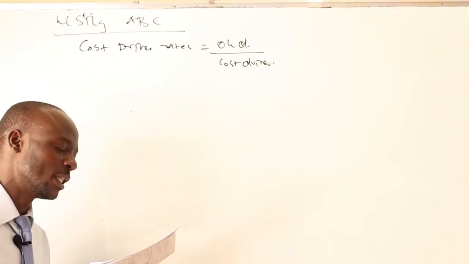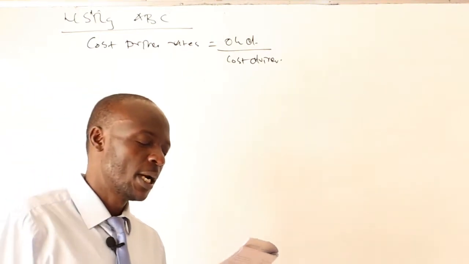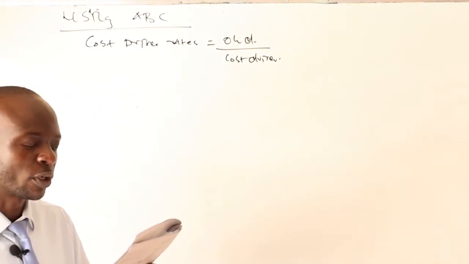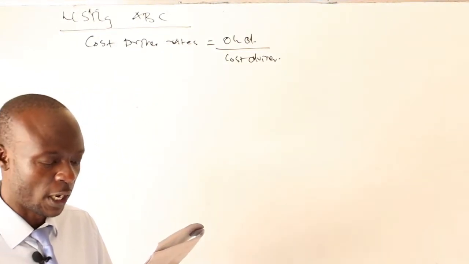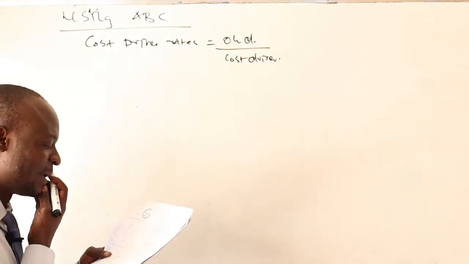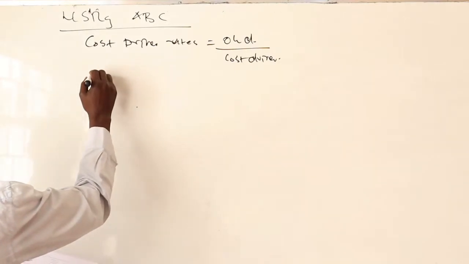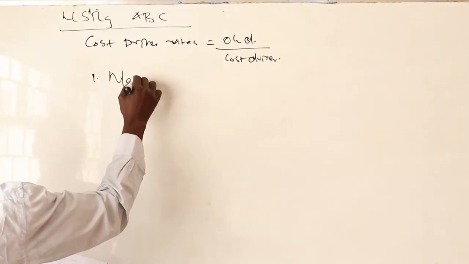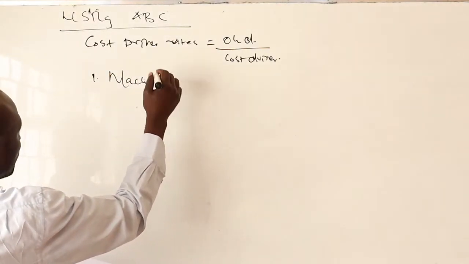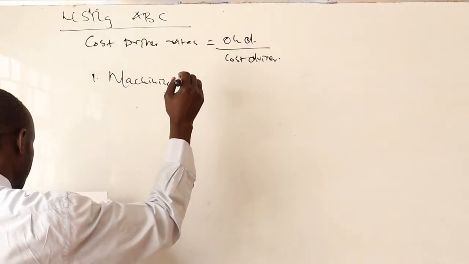So we have the activities. The question will also give you the activities, like machining, setup, store receiving, inspection, and material handling. The first activity here is machining.